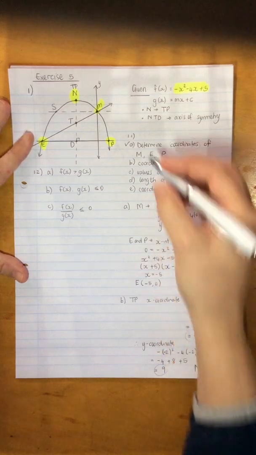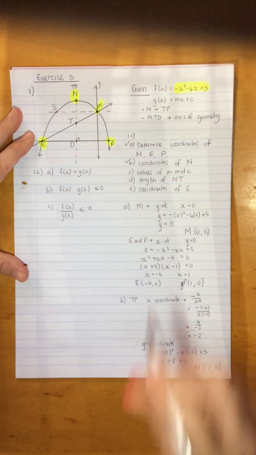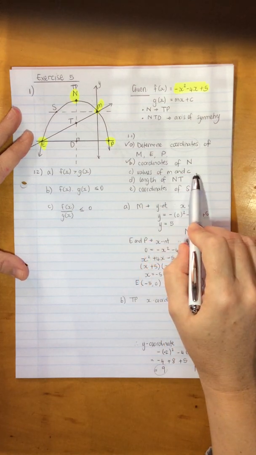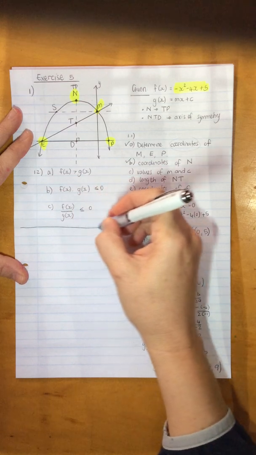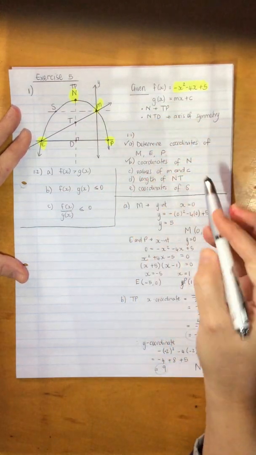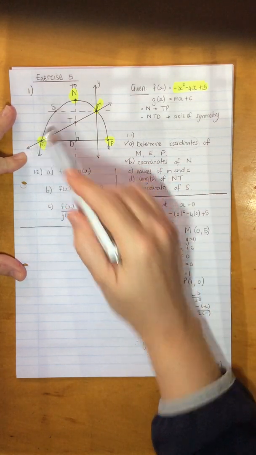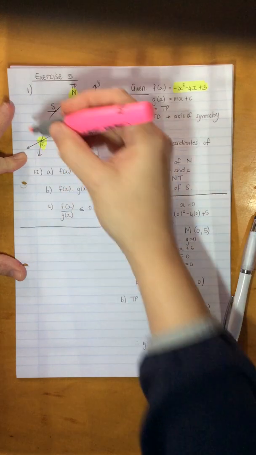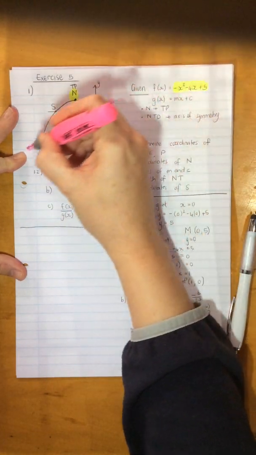Great. That's question B. The values of m and c, so that is of my straight line. Right, my straight line. Okay. So what do I notice? My straight line has an x-intercept and a y-intercept.